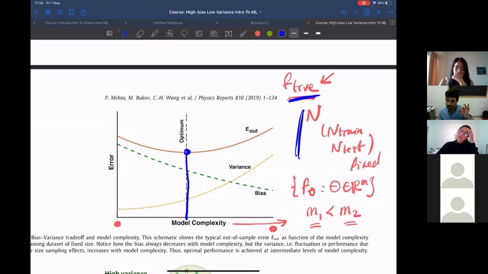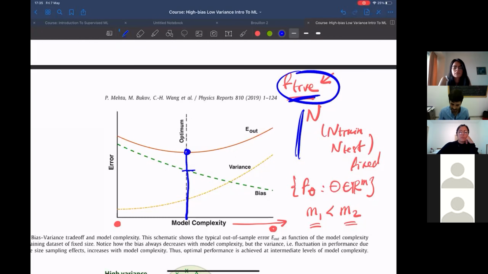There is an optimal model complexity, which has a bias low enough, which means that it's rich enough to capture most features of this function, or let's say it captures it well enough.